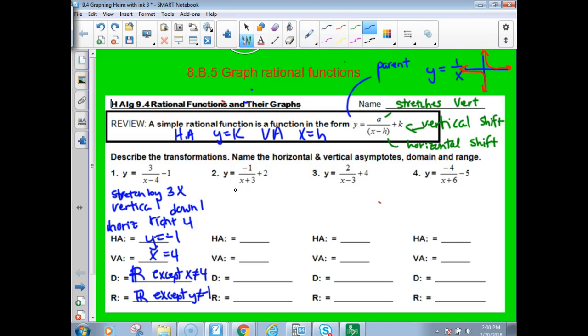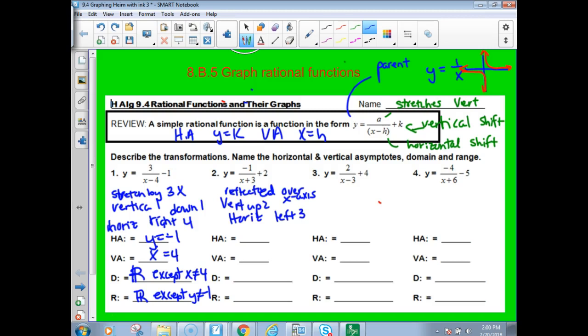All right, this one would be reflected over the x-axis. I wrote that wrong, I guess I can't see my pen. Okay, and then vertical up 2, horizontal left 3.